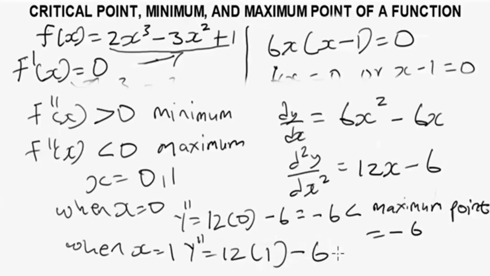So this will give us 12 minus 6, which is 6, which is greater than 0. This one is less than 0. So since it's greater than 0, this is the minimum point of the function. While the maximum point of the function is minus 6, the minimum point of the function is 6.